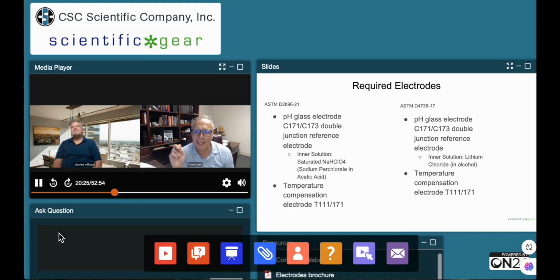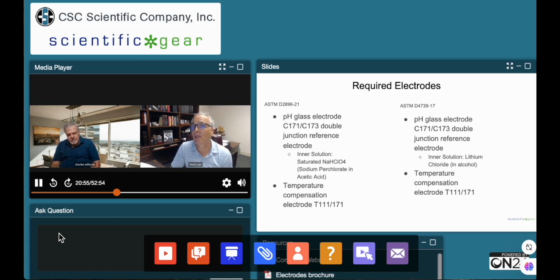However, you have to change the inner filling solution on the ASTM D2896-21 with sodium perchlorate and acetic acid, whereas for the ASTM D4739-17, you're going to change it out and it's going to be lithium chloride in alcohol. So they have a different inner solution. So with that, you just have to know that, yeah, I've got the same electrode, but they're not the same because I'm changing out the inner solution.